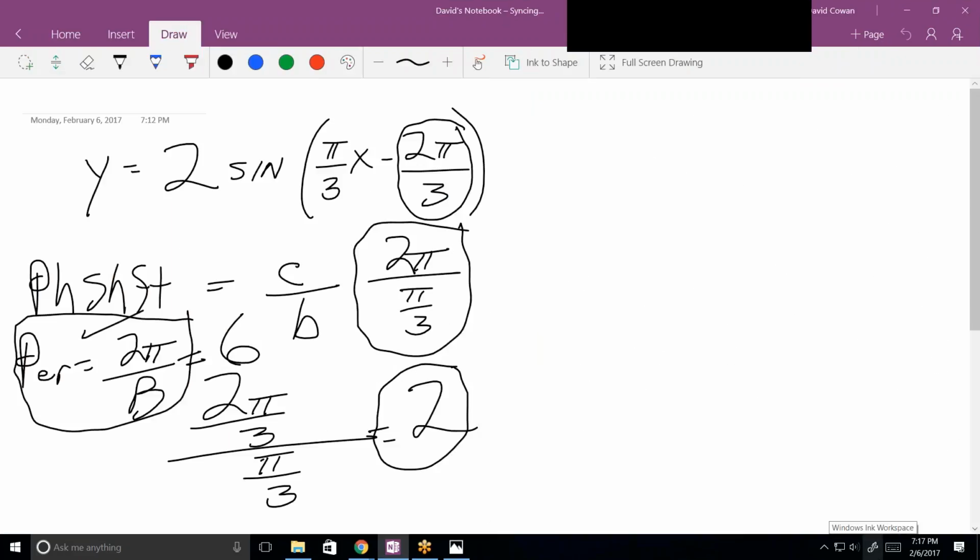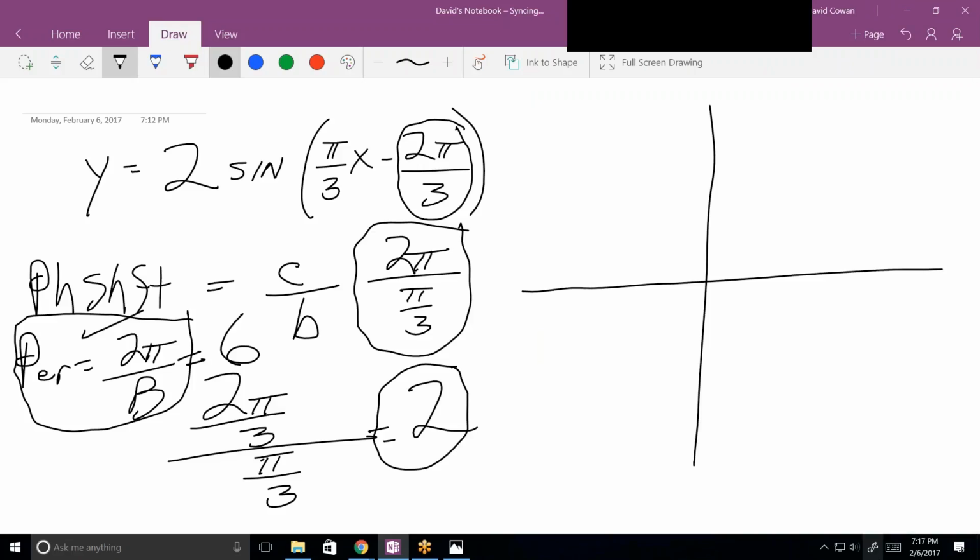Okay, so let's graph it. Where do we begin? Well, we could mark the amplitude first, so 2, negative 2. The best place to begin is to figure out where this thing starts.